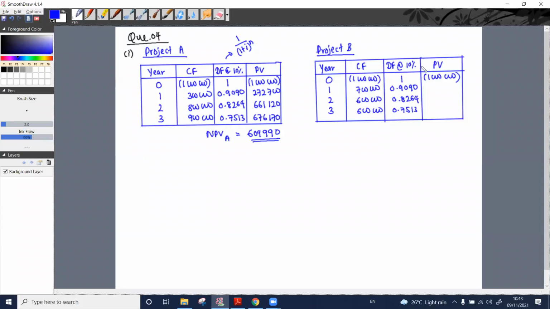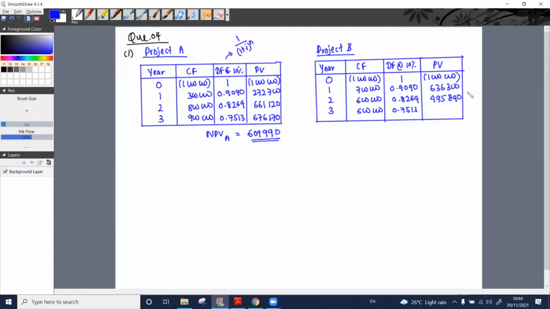Project B, here it is 1 million. Year 1 present value is 636,300. Year 2, it is 495,840.